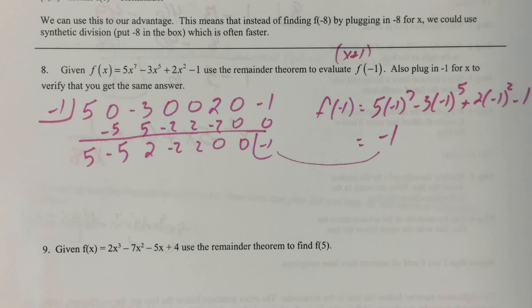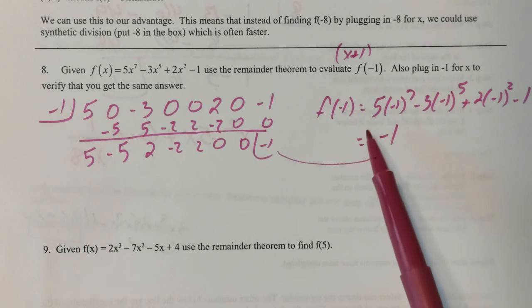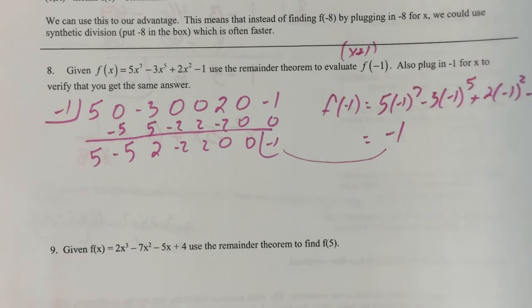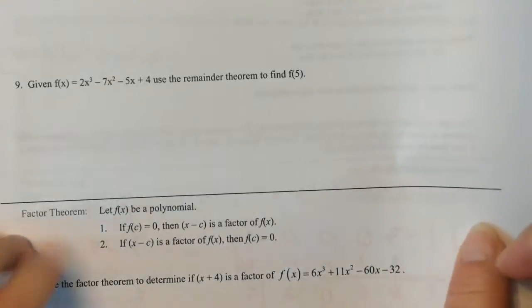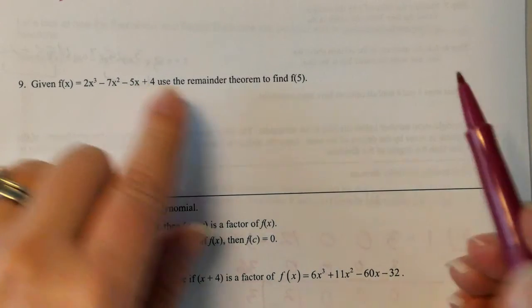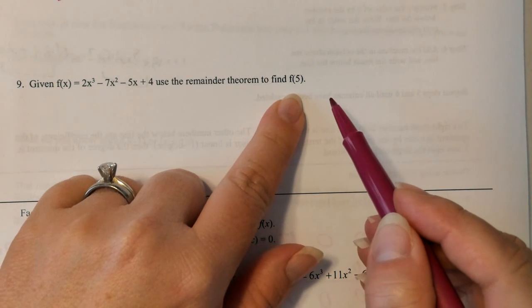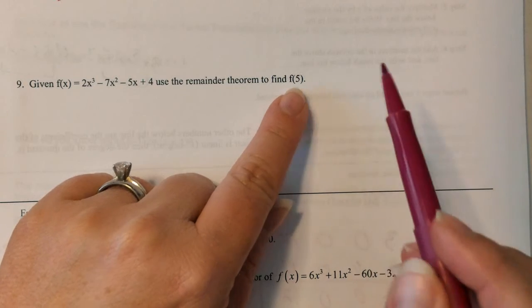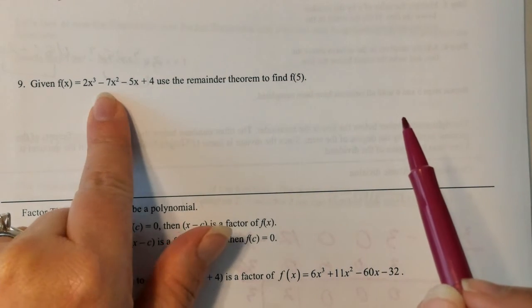Now, I don't love that we plugged in a -1 and our answer came out to be -1, so let's try another number where they don't come out the same. Given that f of x is this guy right here, find f of 5. Obviously, f of 5 means put 5 in for x and work this out.